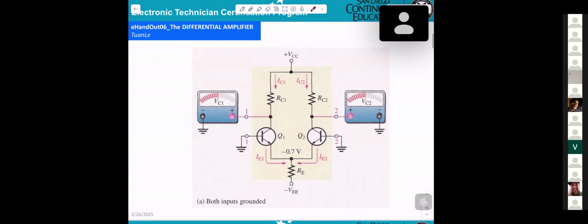Now, the first thing you see is if they route input 1 or input 2 and measure the VC, VC1 or VC2 is identical for both inputs.